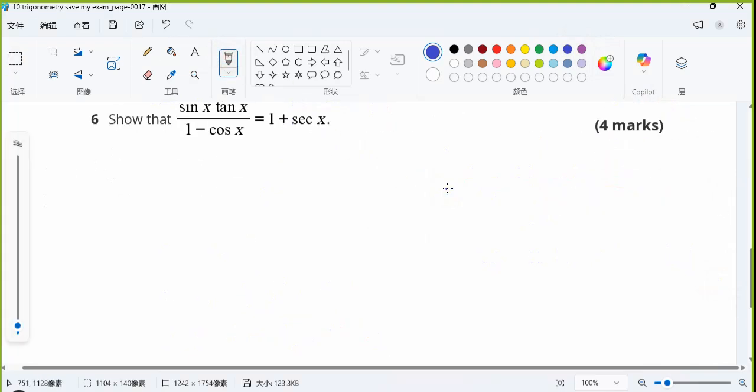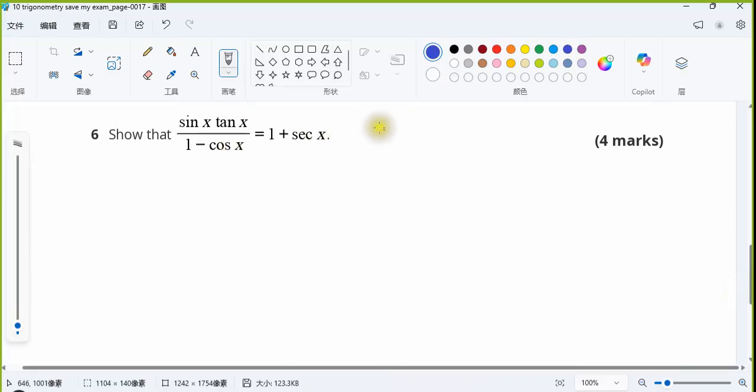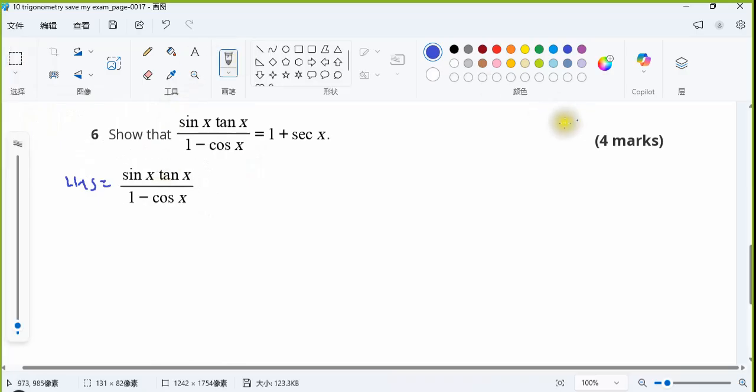So question number 6, we need to show this one. 1 plus secant. Okay, so we have the left hand side equal to this one. We know that tangent is sine over cos.